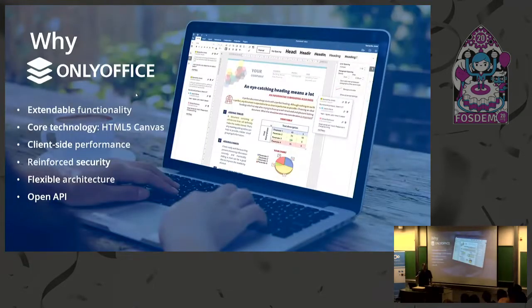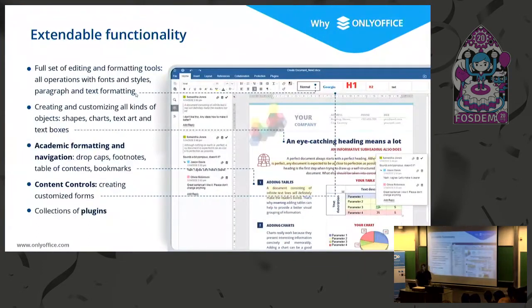Now, why ONLYOFFICE? Our first task is to create very powerful engine for processing the documents. And here you can see the list of the points which are very important for our team. ONLYOFFICE provides comprehensive tool set organized in a tabbed interface.